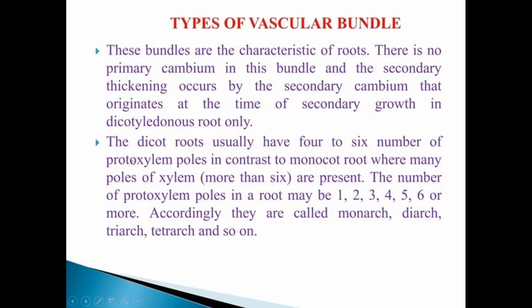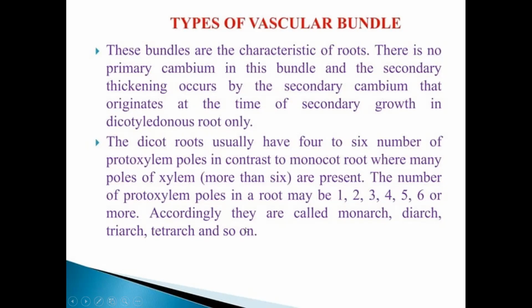So next point. The dicot roots usually have 4 to 6 protoxylem poles. In contrast, monocot roots have many poles of xylem, that is, more than 6. So in dicot roots, only up to 6 protoxylem poles are present, whereas in monocots, many protoxylem poles are seen. It may be 1, 2, 3, 4 or more.